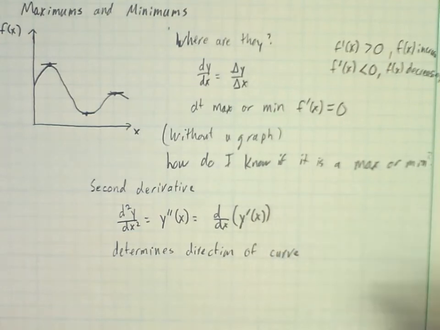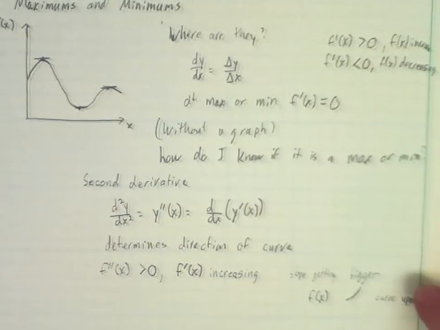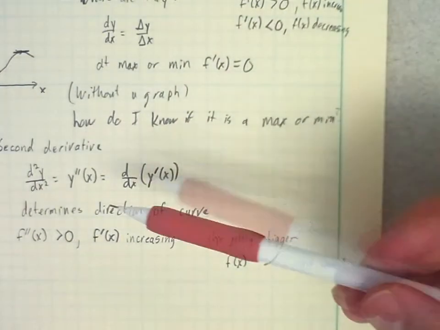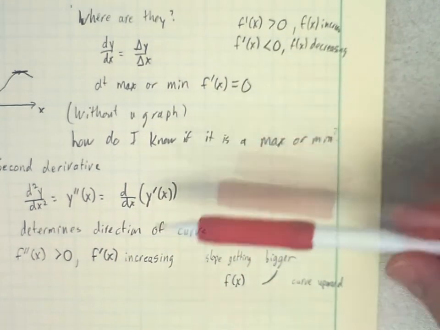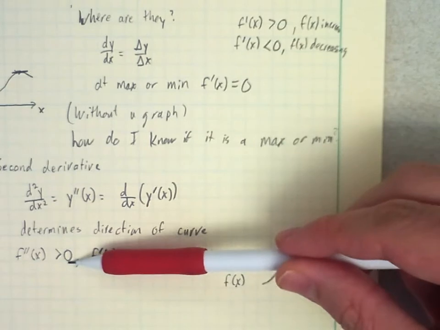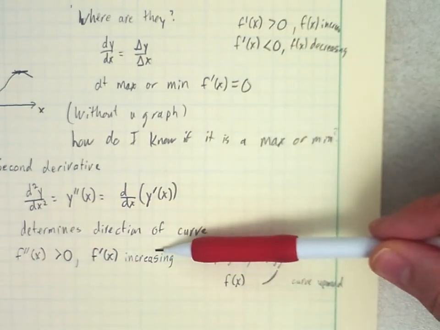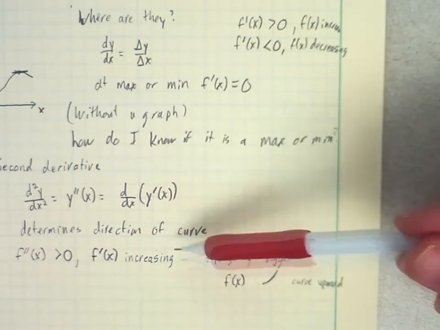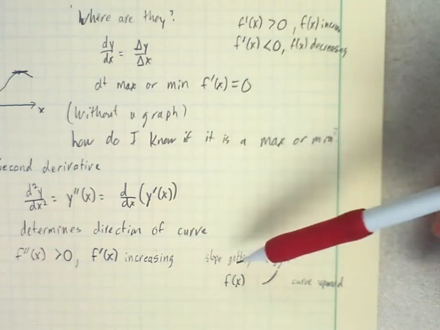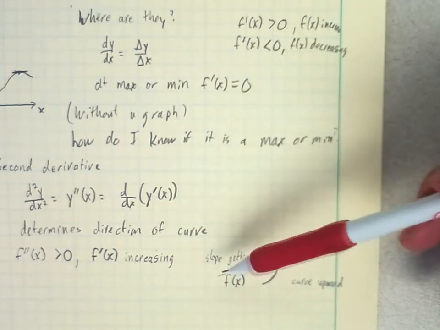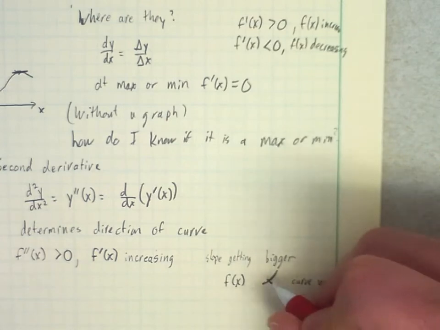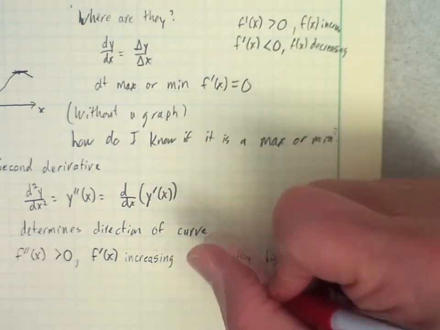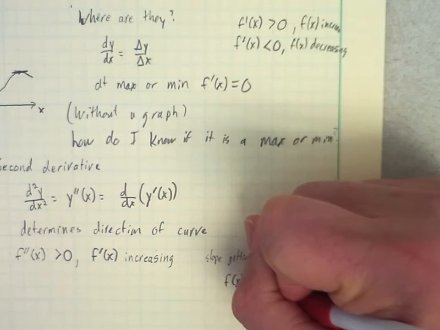The key thing is, if it's the derivative of the first derivative, when the second derivative is greater than 0, that means our derivative is increasing. If we think of the derivative as the slope, the slope is getting bigger. Whatever the case, it's going up.